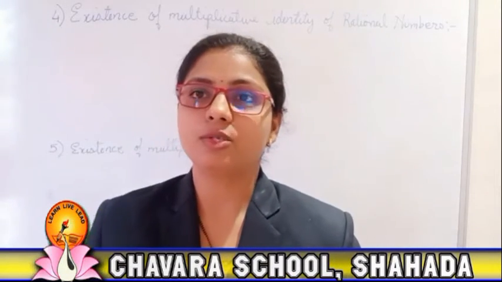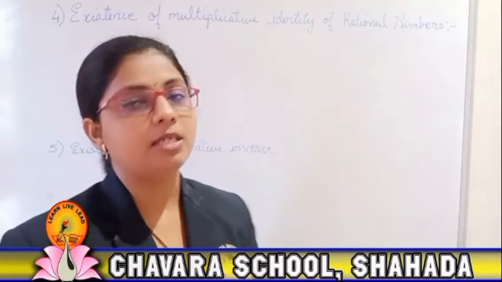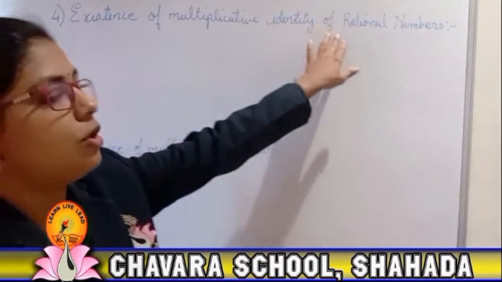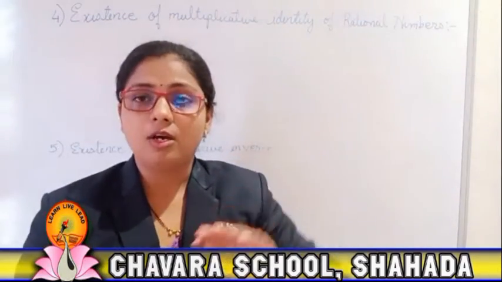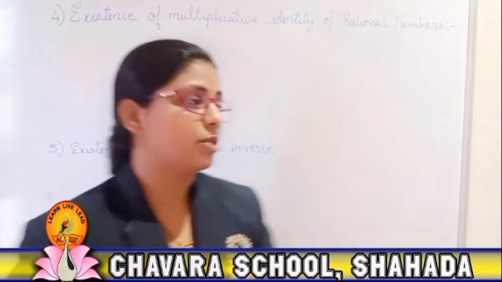Now let us go for the next property of multiplication of rational numbers. The fourth property is the existence of multiplicative identity of rational numbers. The multiplicative identity of any rational number is always 1. How? Let us see.